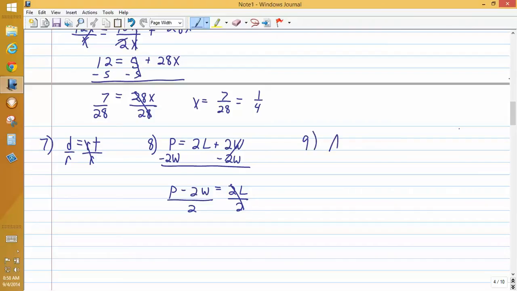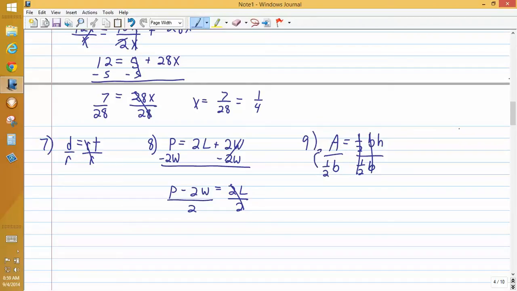Number 9, A equals 1/2 B times H. Solve for H. So that means get the H by itself. So I need to divide this side by 1/2 B. What I do to one side, I have to do to the other. Okay, so dividing both sides by 1/2 B to get H by itself. Now you never leave a fraction in the denominator of a fraction.